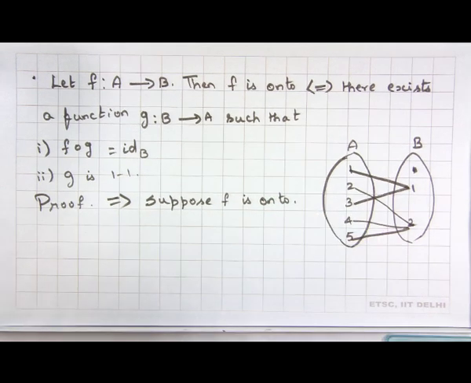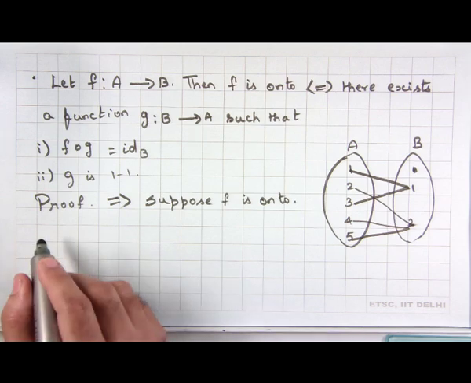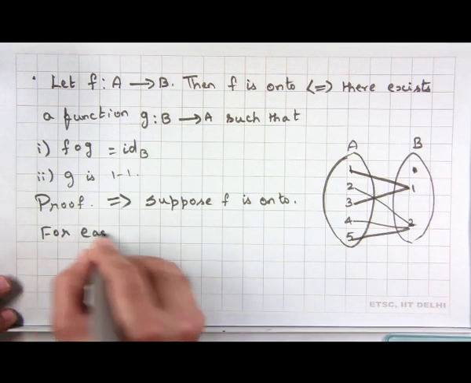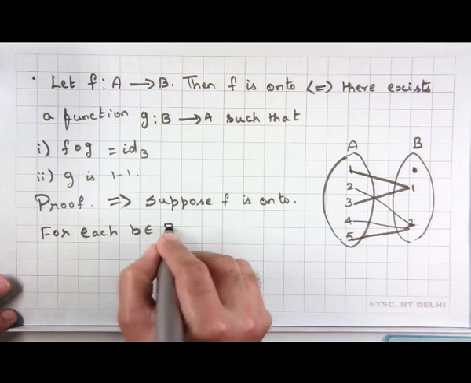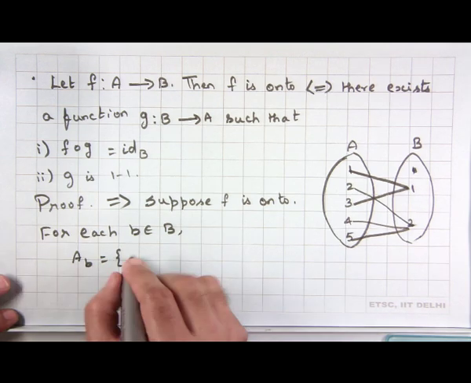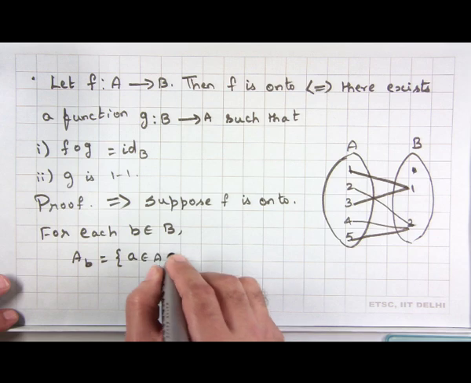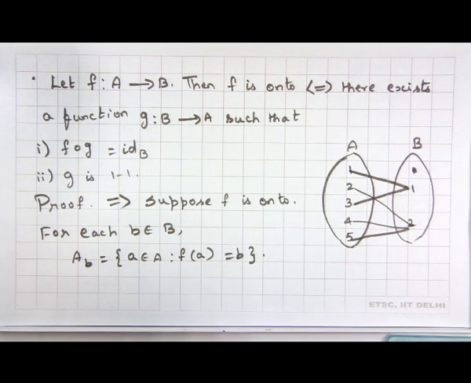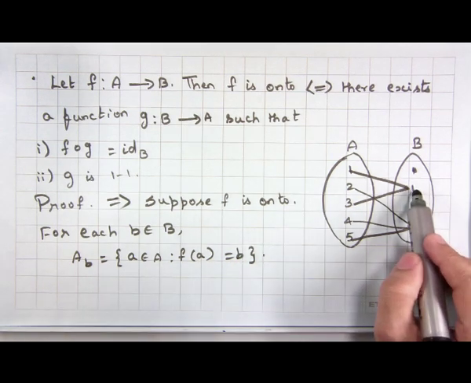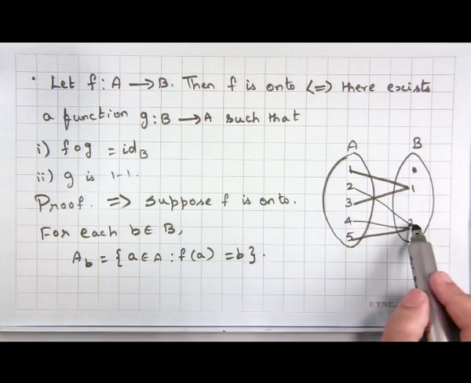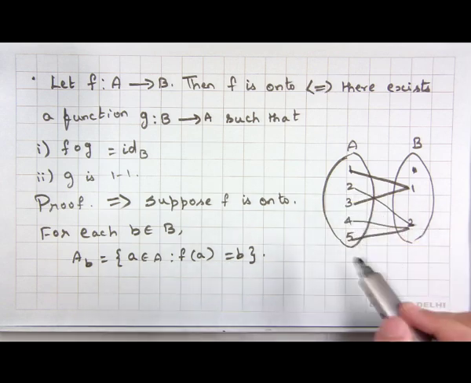I will have to define a function g from B to A. So, first observe the following: for each b in B, let me define a set A_b as all those a in A such that f of a is b. Here, if you look at the element 1, then A_1 will have 1 and 3, and A_2 will have 2, 4 and 5.